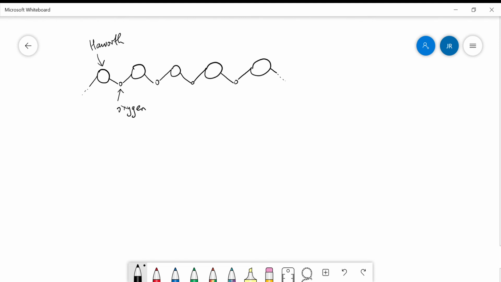So it's our polysaccharide, and polysaccharides are good, or at least that's what they would have you believe. Okay, let's terminate this with our hemiacetal. So again, only this bit is the hemi.